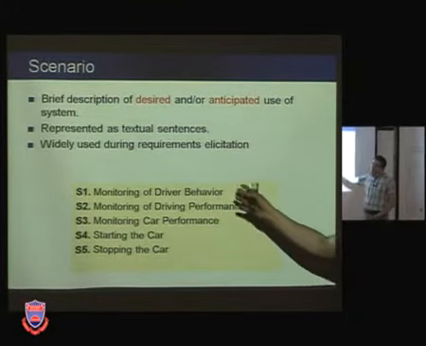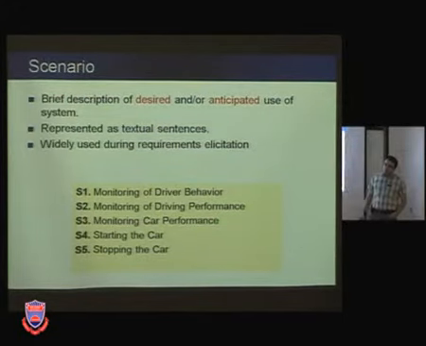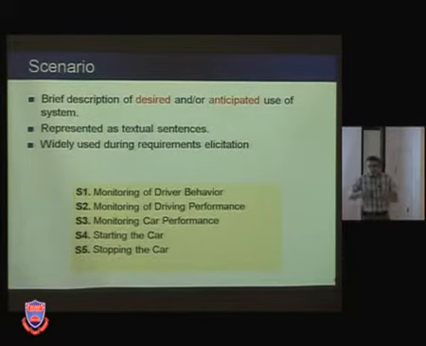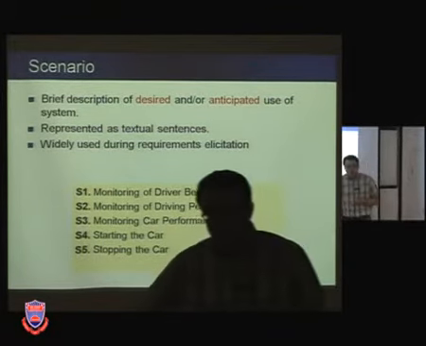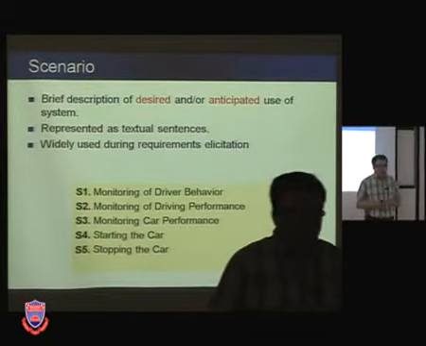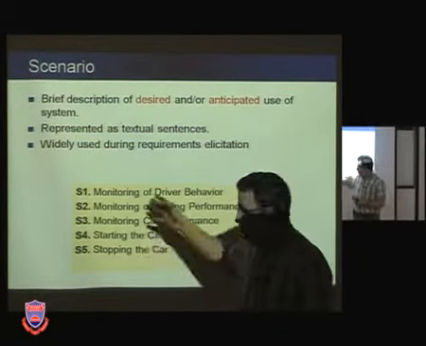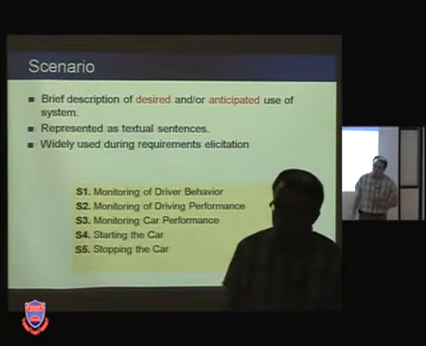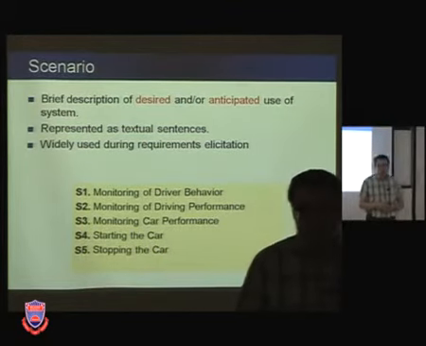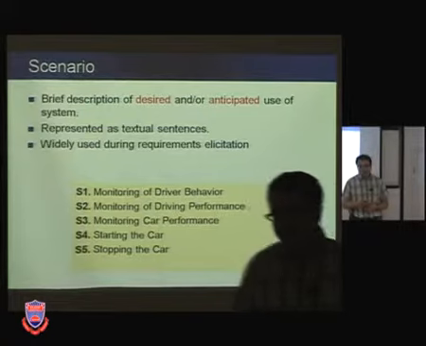You could have also more detailed scenarios where you explain the story of using the system, which could be more expressive than just the simple use case. In this way, it's almost similar to a use case, but it could be a complete story. Okay?